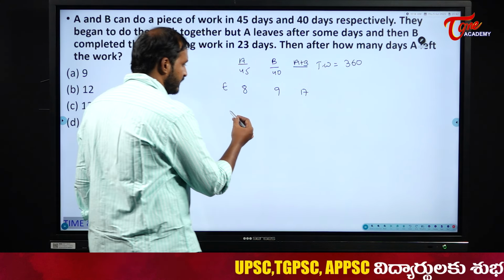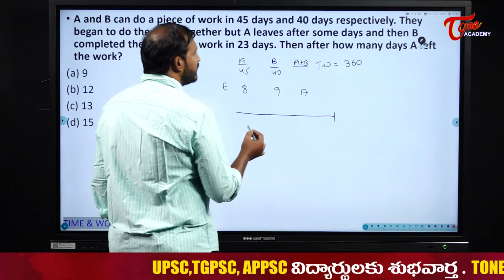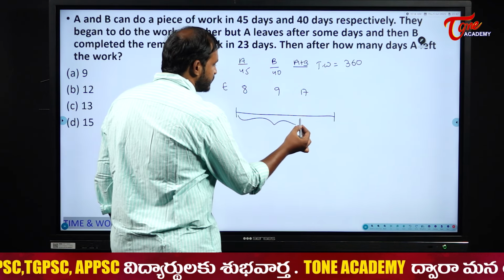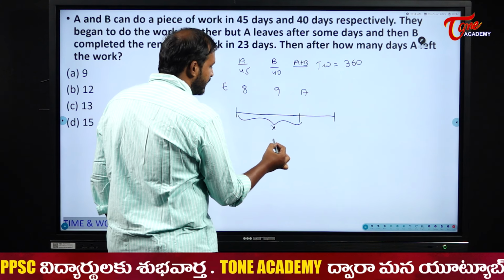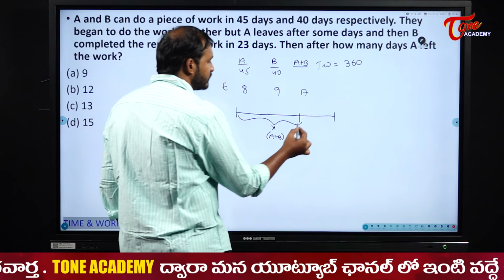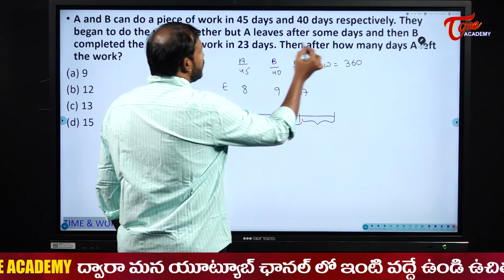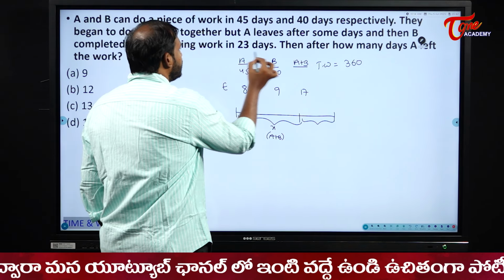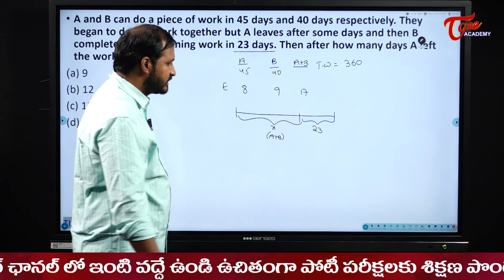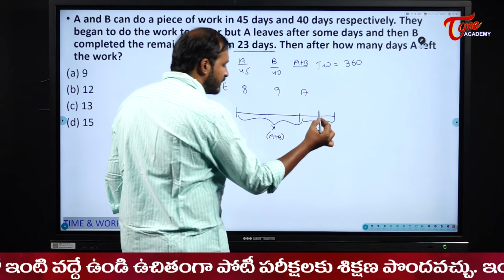They began to do the work together, but A leaves after some days, then B completed the remaining work in 23 days. Then after how many days did A leave the work? That is the question. Let us assume A and B together worked for x days, and after A left the job, B finished the remaining work in 23 days.